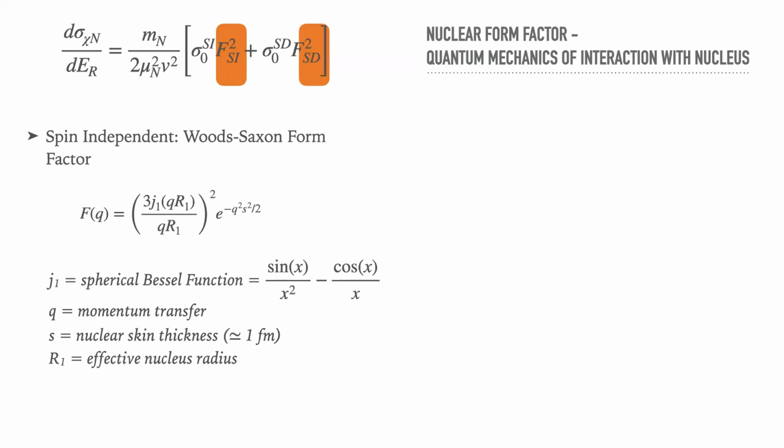It looks like this. So the form factor, which is a function of the momentum transfer, is equal to 3 times the first Bessel function, which is a function of the momentum transfer times the effective radius of your nucleus, divided by your momentum times your effective radius, that quantity squared, times the exponent of negative q squared s squared divided by 2, where s is something called the nuclear skin thickness.